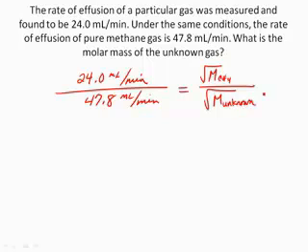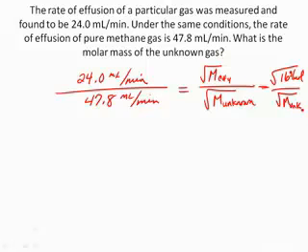All right, and so the mass of methane is about 16 grams per mole.